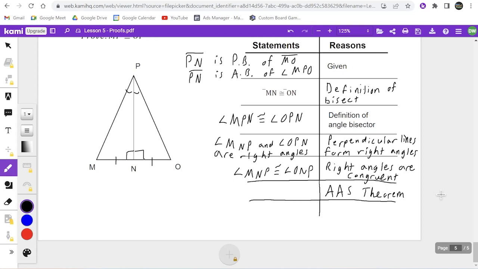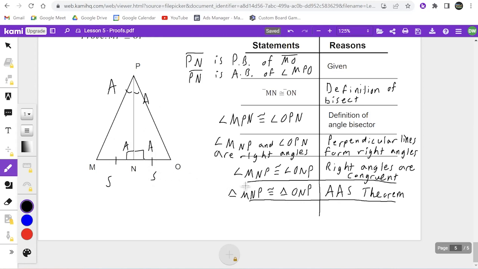We know that that theorem is used to prove triangles are congruent. So, is it triangle MNP is congruent to triangle ONP? You're exactly right. Thank you. And yep, that's true because of AAS. We have an angle, and we have a side for both.